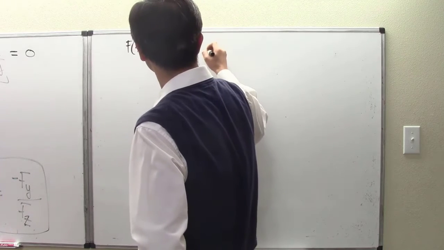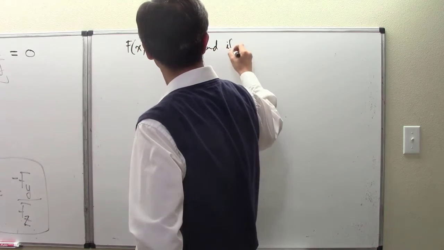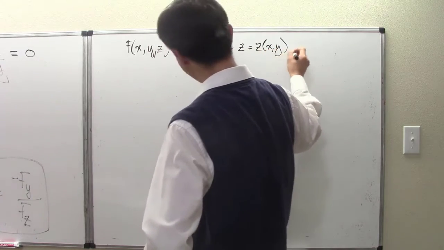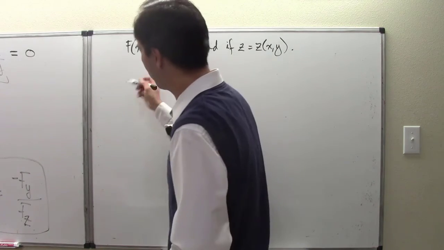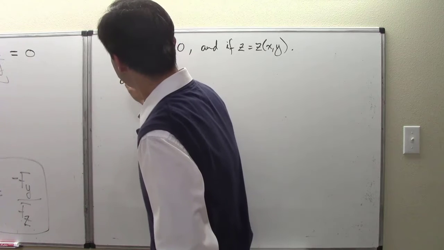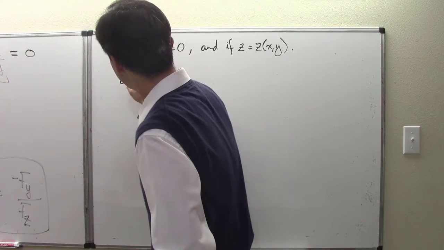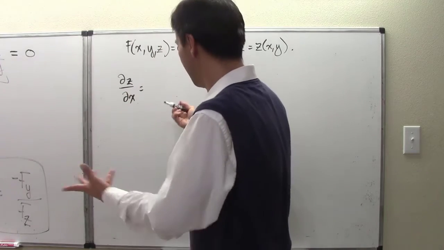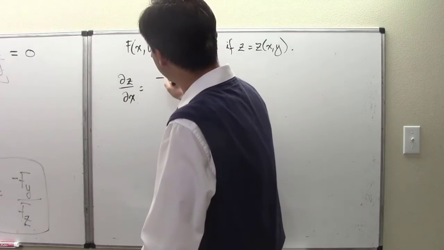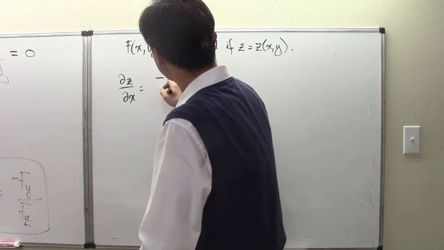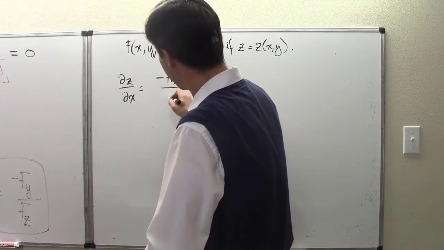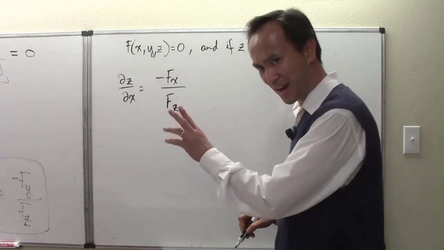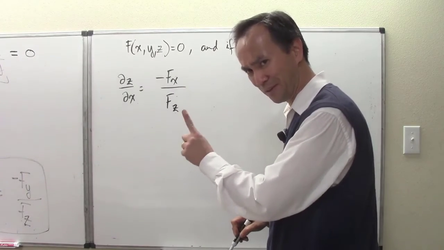And if z is a function implicitly defined in terms of x and y, then what we have found earlier, dz dx, we found earlier as a formula, minus Fx over Fz. And I will come back and point out a good trick to remember, okay?